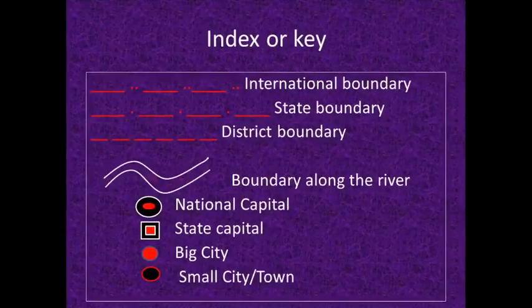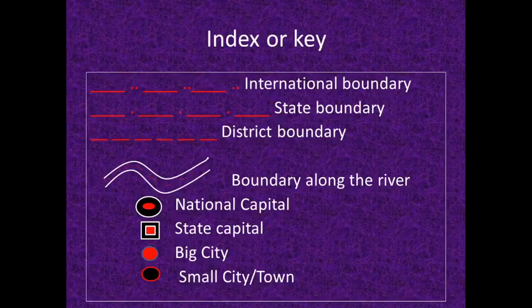Here you have the index or the key which shows the signs. Can you see the straight line, two dots, straight line, two dots? International boundaries. To show the state boundary, you have a single straight line with a single dot, and district boundaries with only dash, dash, dash.